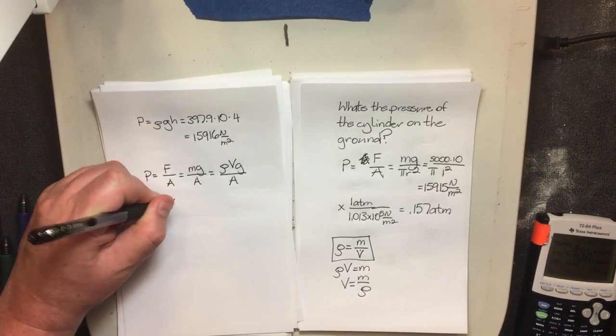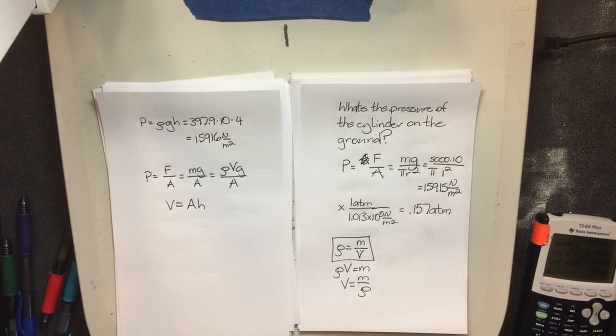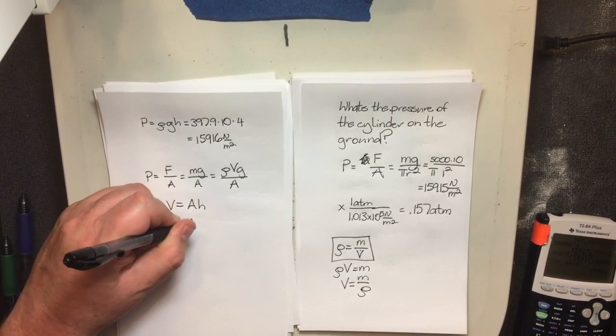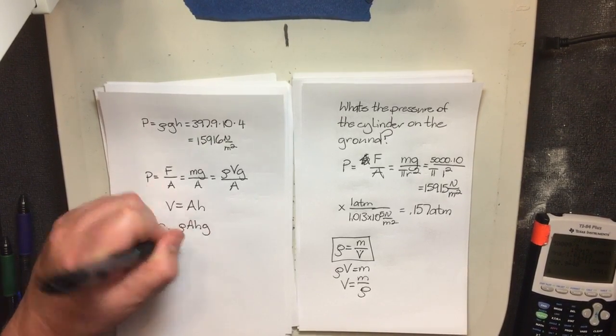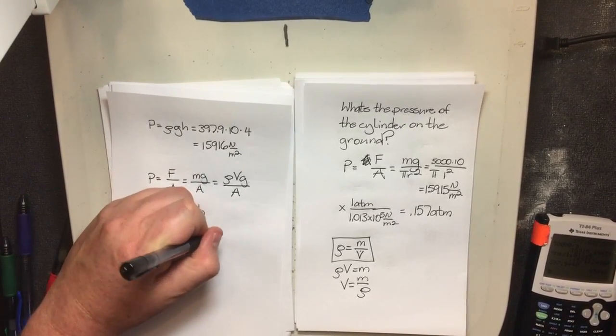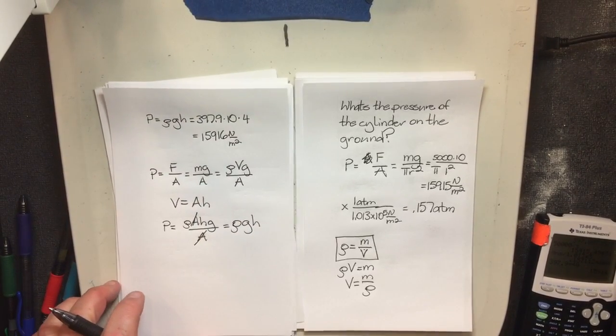The volume of any object is the base times its height. So pressure becomes rho A h g over A. And that gives me rho g h.